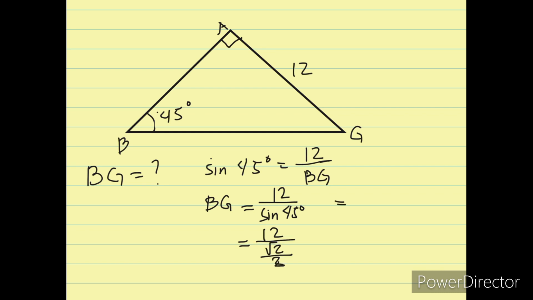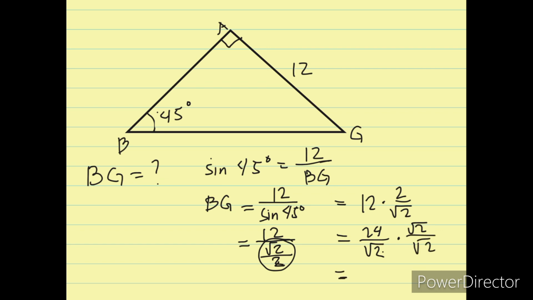Next, 12 times 2 over square root of 2. Get the reciprocal of our denominator. So 2 times 12 is 24 over square root of 2. Again, there's a radical involved in the denominator, so we are going to multiply this by square root of 2 over square root of 2.